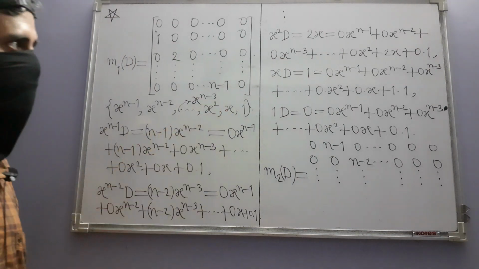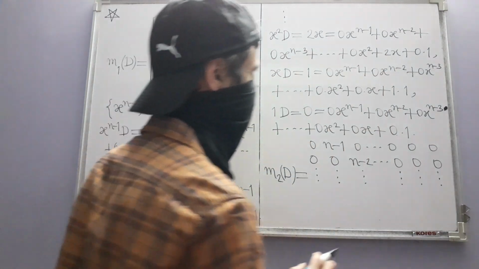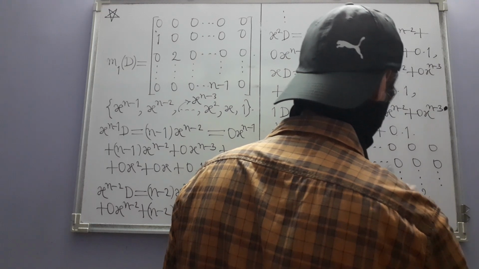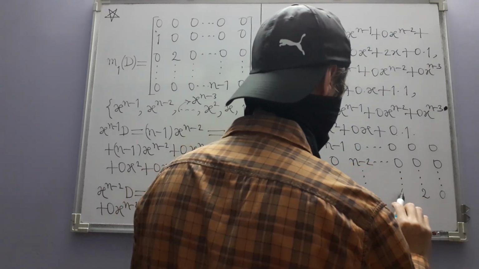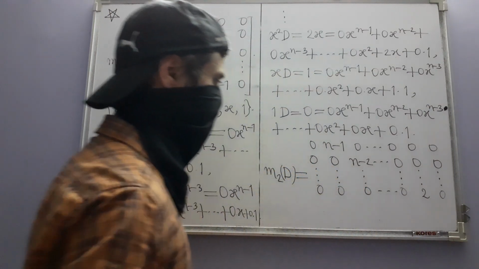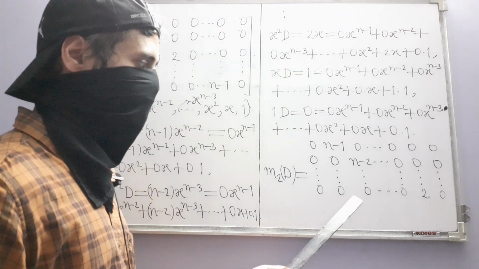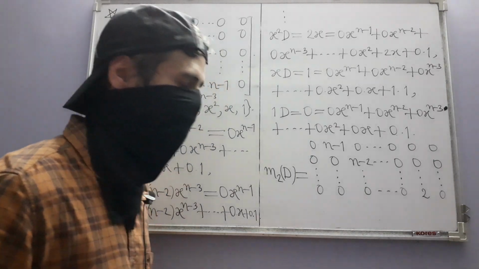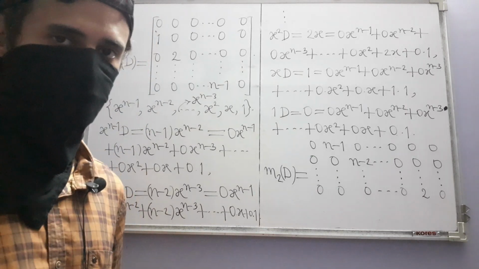Then we come to the derivative of x square. Here we have almost everything 0, only this one is non-zero and that is 2, then 0 and the others are 0. See, while writing this kind of thing, we can easily make mistakes. Do not write dot dot dot here. Why? Because you do not have anything here in between these two zeros.